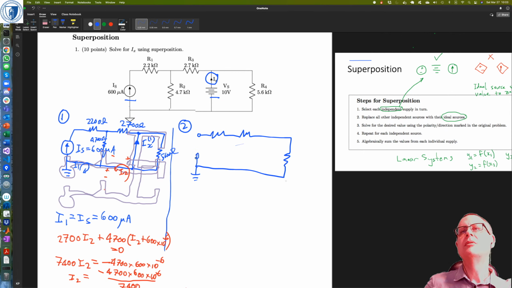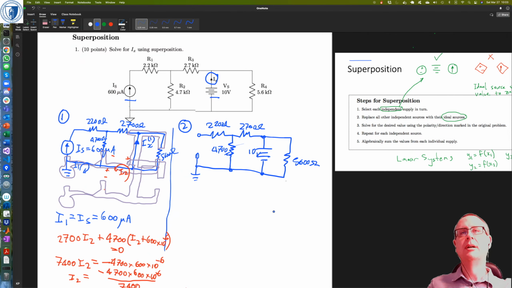Right, so we've got a gap in the circuit there, and this time we're leaving in VS. So we've got 2200 ohms, we've got 4700, we've got 2700, we've got 10 volts, we've got 5600 ohms.